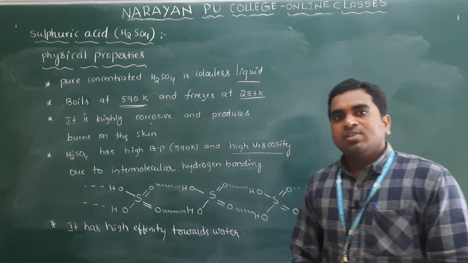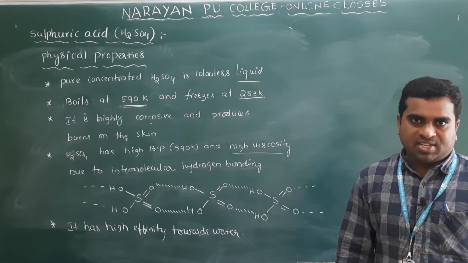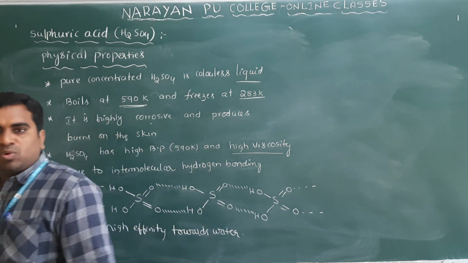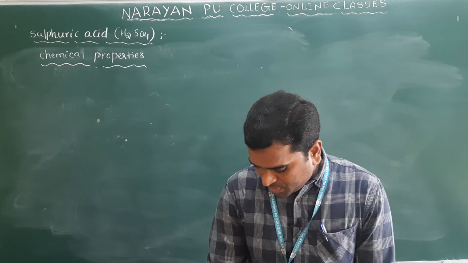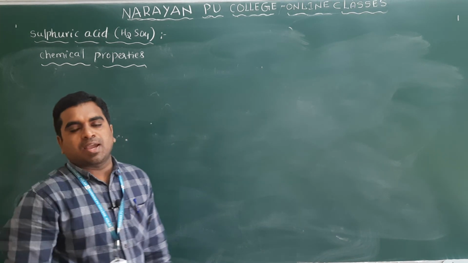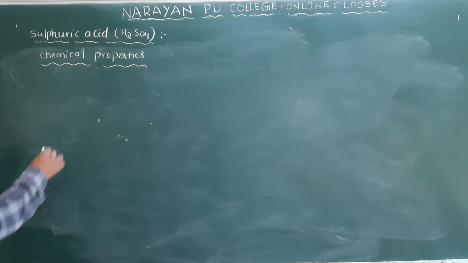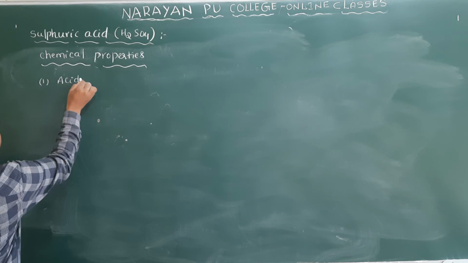That's why we call it a strong dehydrating agent also. So these are the physical properties, and then we will go for chemical properties. Physical properties we have completed, and next is chemical properties. Clear? The first chemical property here is acidic character.